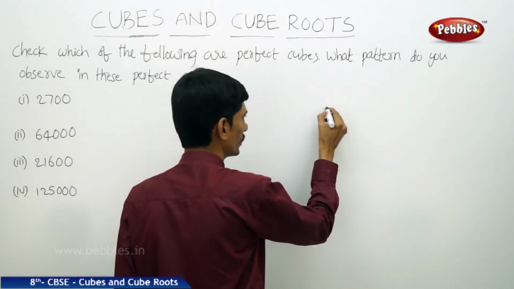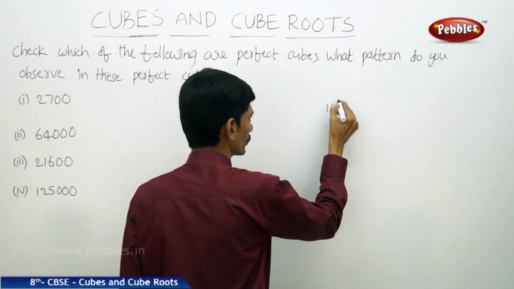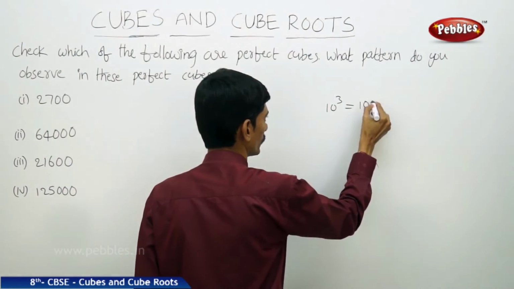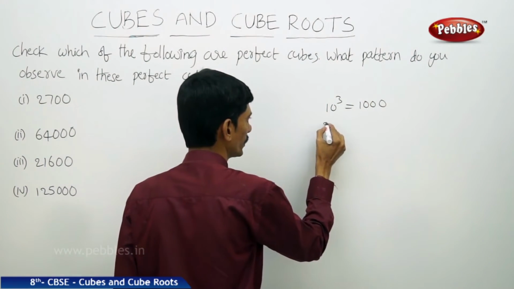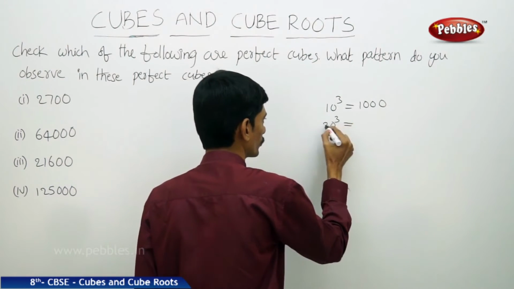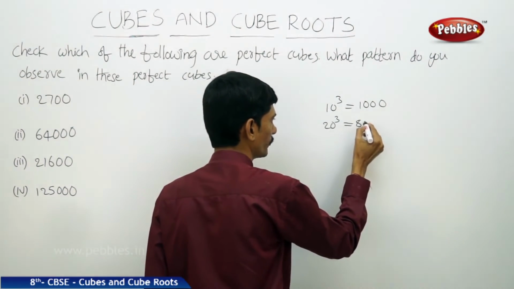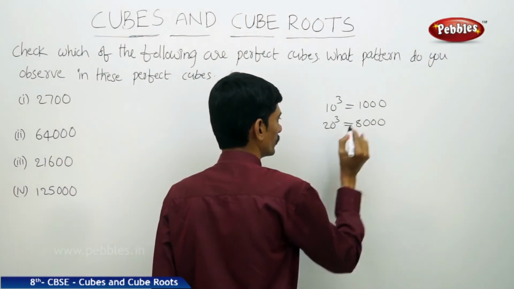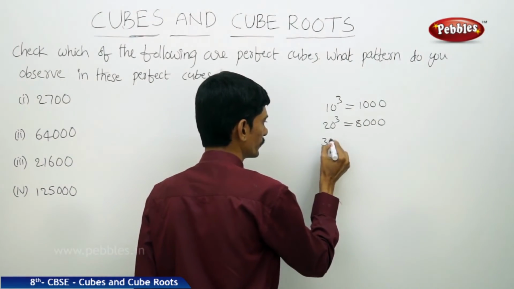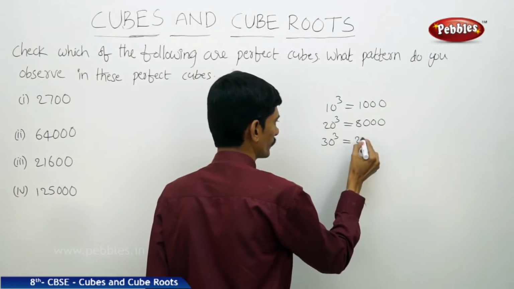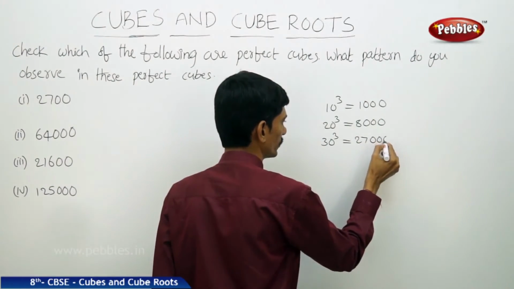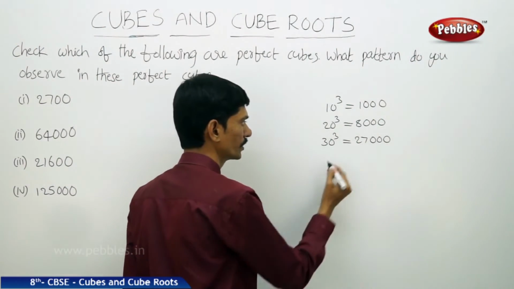Now let us take 10. So 10 cube equals 1000, and 20 cube, here 2 cube is 8, and we can take 3 zeros, and 30 cube, 30 into 30 into 30 is 27,000.